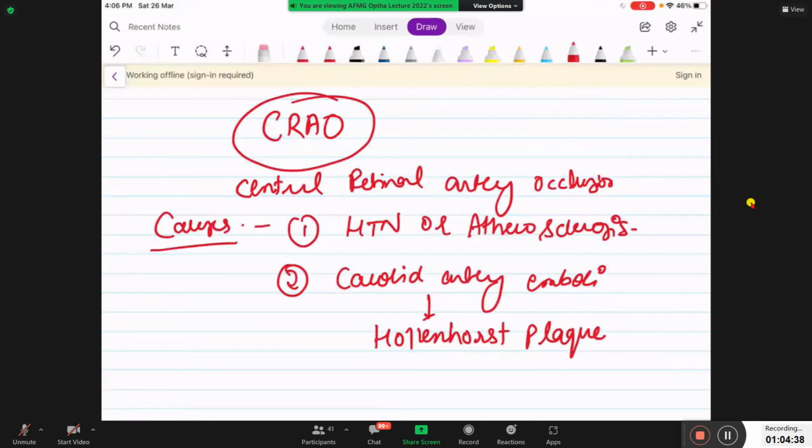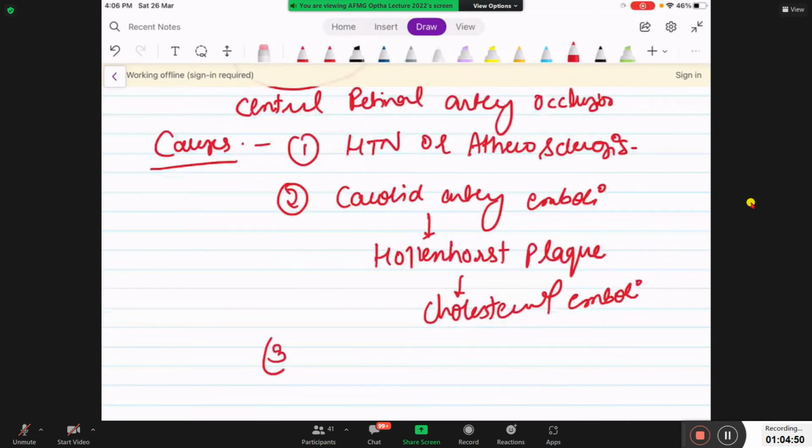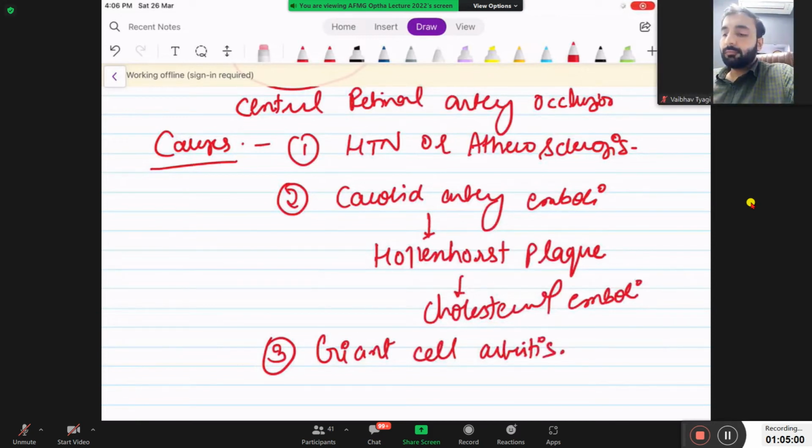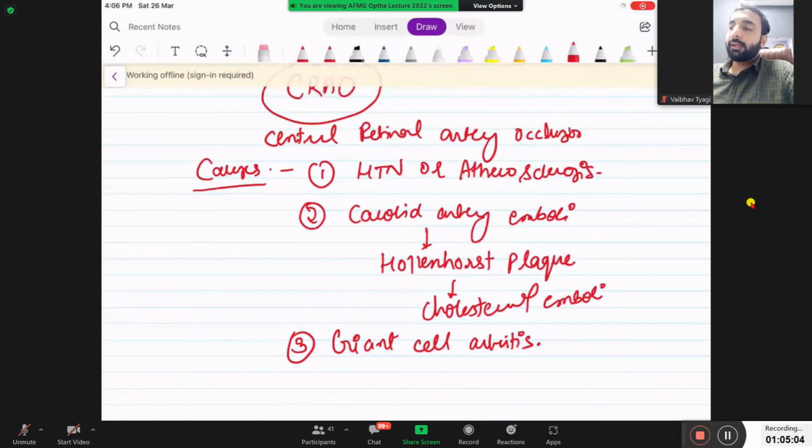This is a cholesterol emboli. So these two causes, and the third one is giant cell arteritis. So these are the three causes of CRAO, central retinal artery occlusion.